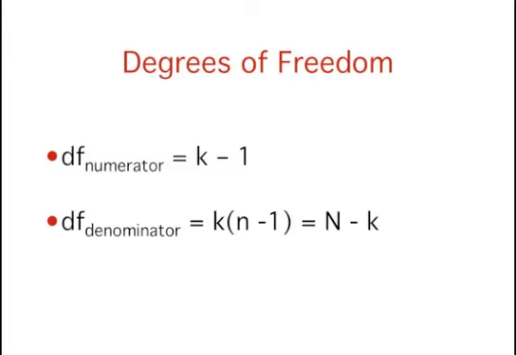The MSE is an average of k variances each with n-1 degrees of freedom. Therefore, the degrees of freedom for MSE is k times lowercase n-1, which equals capital N minus k, where capital N is the total number of scores, lowercase n is the number in each group, and k is the number of groups.